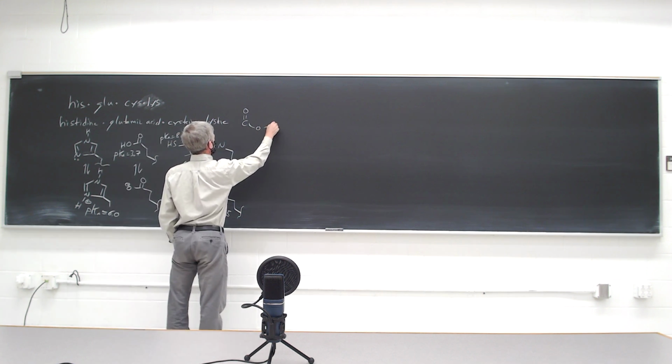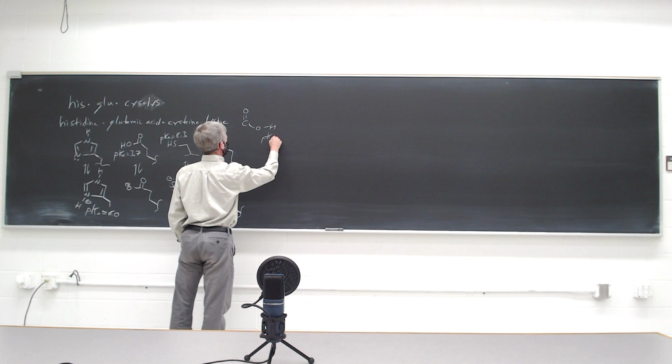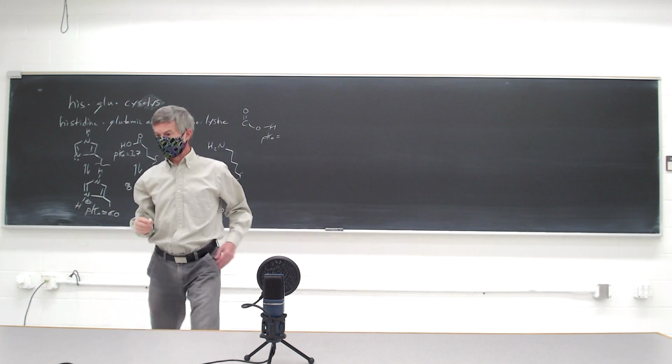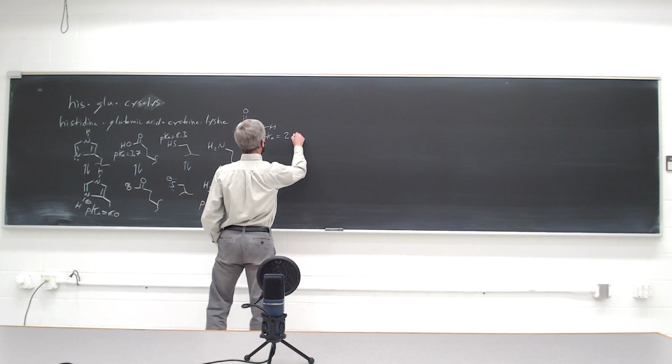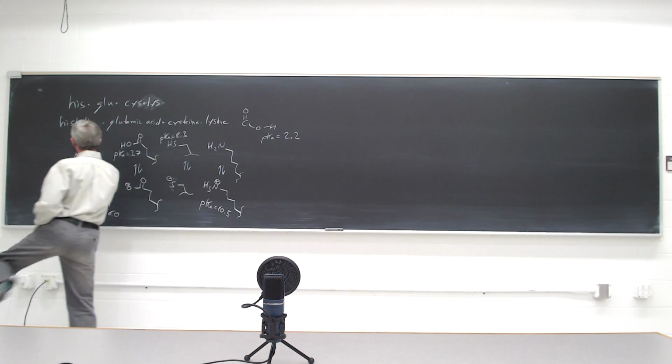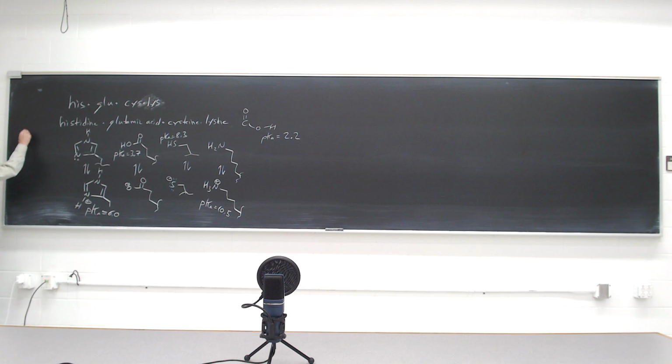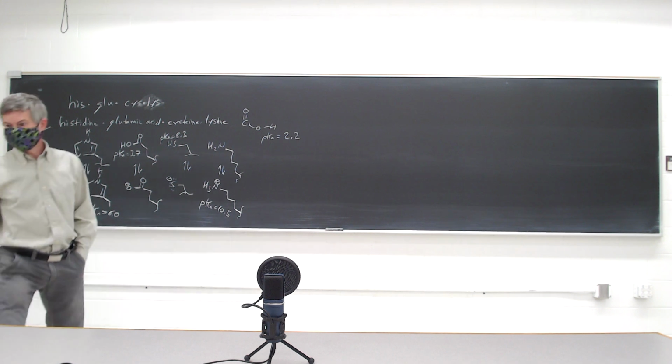We know that would have a COOH. This pKa, I think it's 2.2, is that right? 2.2. And we also need to know what the N terminus of histidine would look like. And that pKa is 9 point something, 9.3 maybe, 9.2.